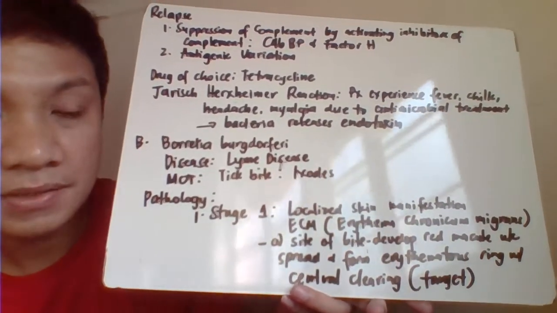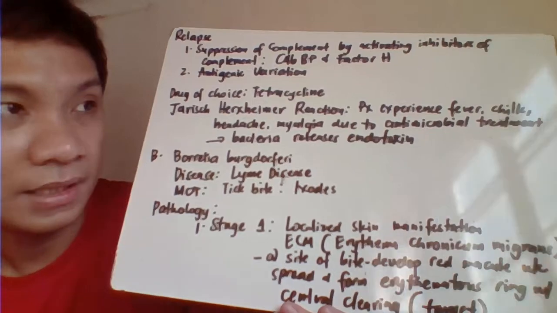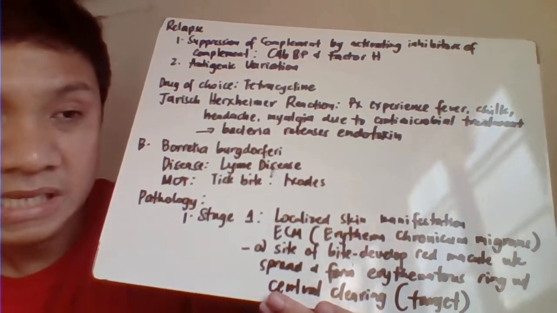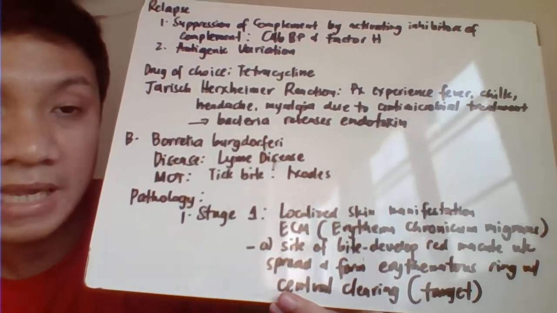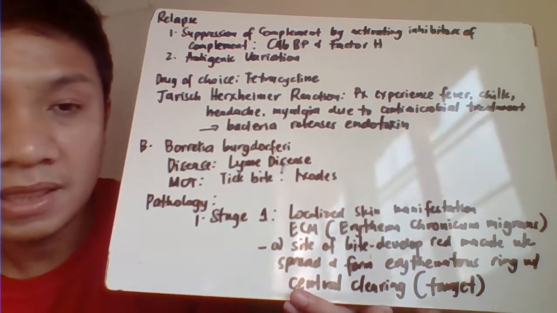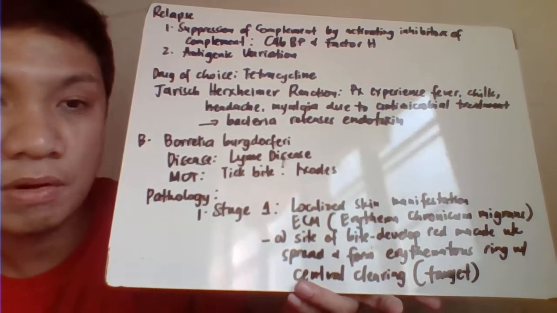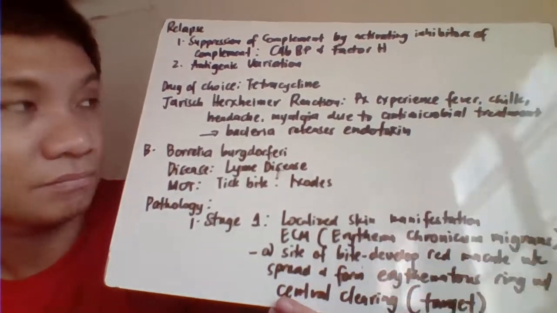Another mechanism for the recurrence is antigenic variation. Basically, the bacteria changes its antigen, which prevents the host immune system from recognizing it. It keeps varying its antigen, making it difficult for the host to identify whether it is the pathogen or not.